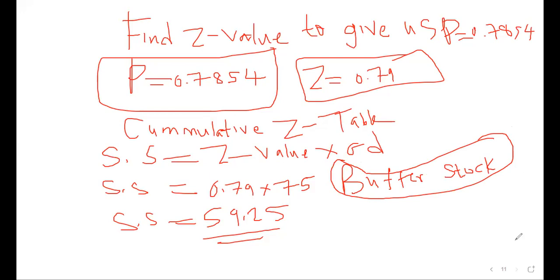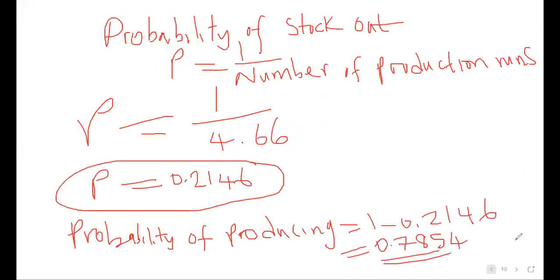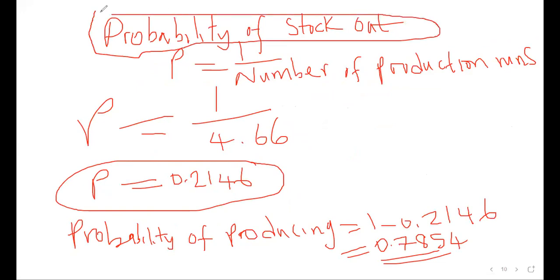We have a probability of stock out. They're simply saying 1 out of the number of runs is the probability of stock out. So probability of stock out is 0.1. Then this is the probability of producing, or it's called the service level of the company.